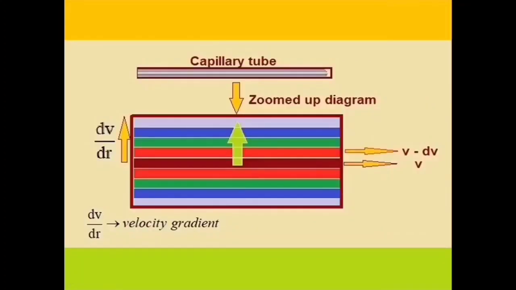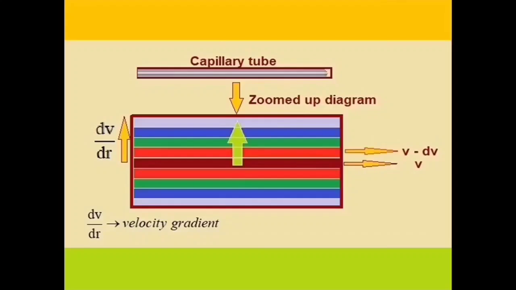For the sake of clarity, whatever we have seen in the earlier diagram, suppose fluid is flowing through a capillary tube. For visualizing how layers are formed in the fluid flowing inside the capillary tube, a number of lines are shown inside the capillary tube in the upper diagram.